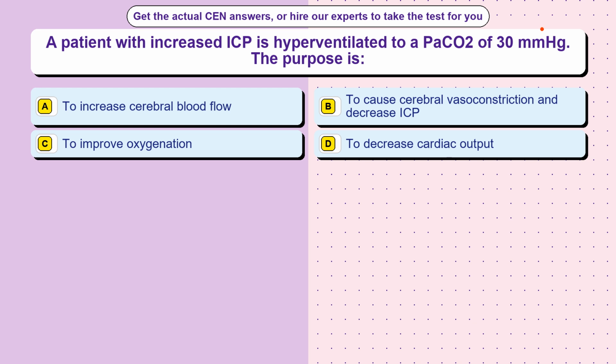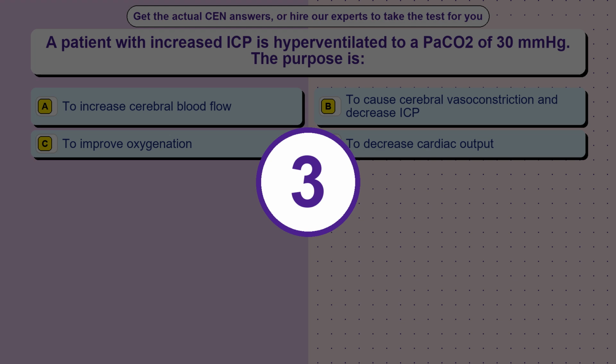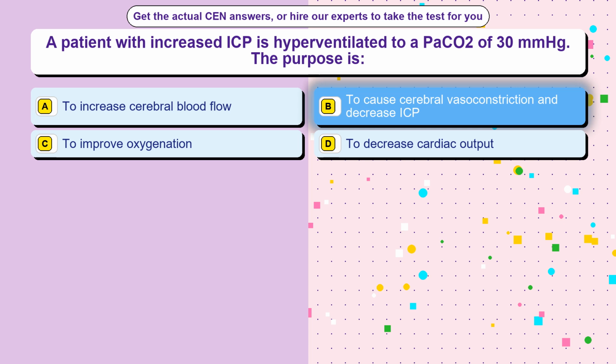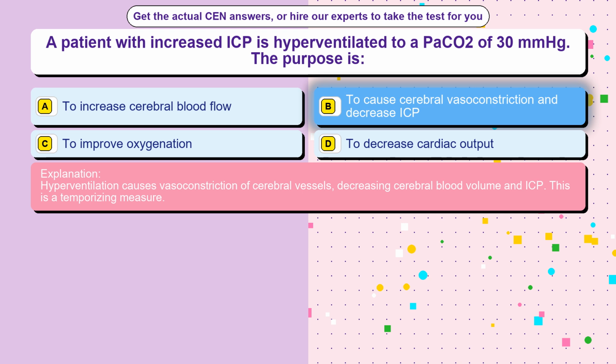Option D, to decrease cardiac output. The correct answer is option B, to cause cerebral vasoconstriction and decrease ICP. Hyperventilation causes vasoconstriction of cerebral vessels, decreasing cerebral blood volume and ICP. This is a temporizing measure.